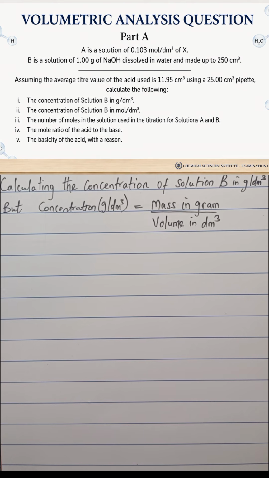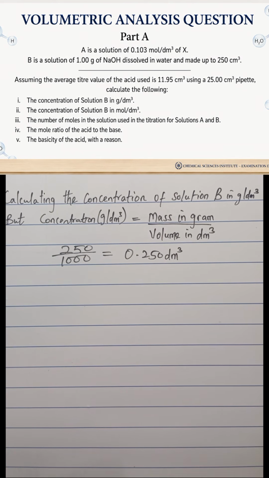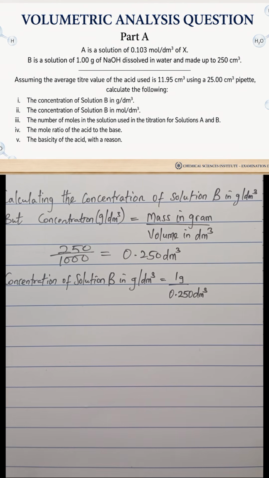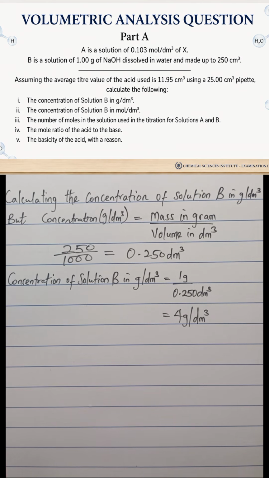But the mass given to us is 1 gram. So we are going to find the mass concentration of solution B, that is the concentration of solution B in gram per dm cube, which gives us 1 gram all over 0.250 dm cube. This answers question 1.